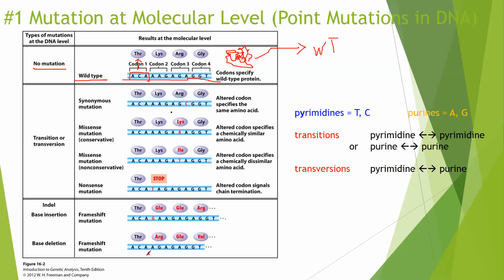Now, if there's a point mutation, for example, if this nucleotide, this SNP, has been changed from A to C, as you can see here, this change did not change anything in the codon.